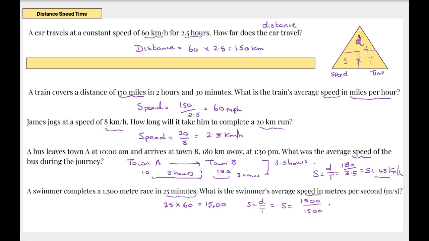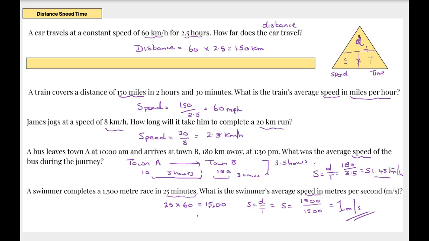So the answer is 1 metre per second. That's strange, 1 metre in 1 second. Yeah, actually, that could be done. That means it's quite fast. It would take me about 20 minutes to do 1 metre because I'm so unfit. But yeah, there we have it.